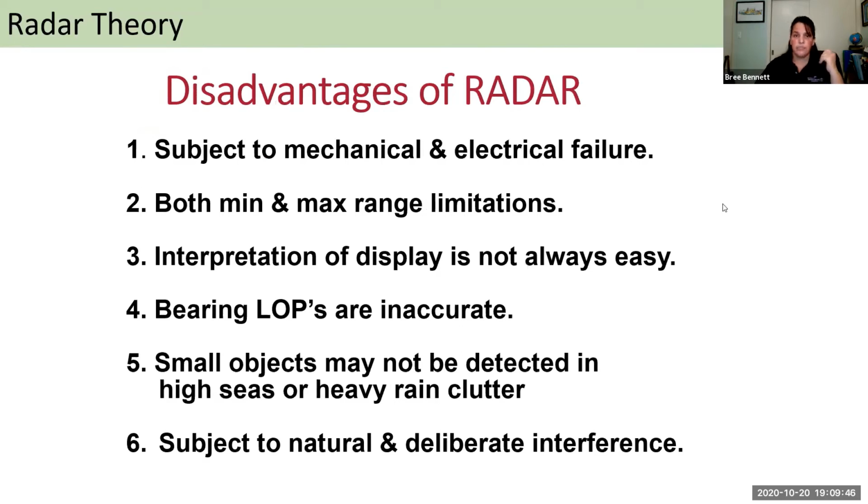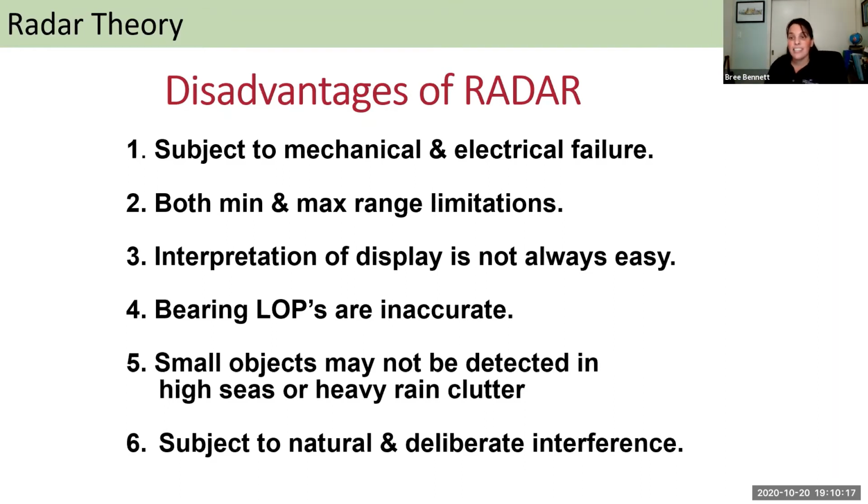Disadvantages of a radar. It's a mechanical system, so it is definitely subject to mechanical and electronic failures. It definitely has its own limitations, both how far it can see away from you and how far it can see minimum distance. It might not be able to see that sailboat that's coming up right next to you, but it can see further out.